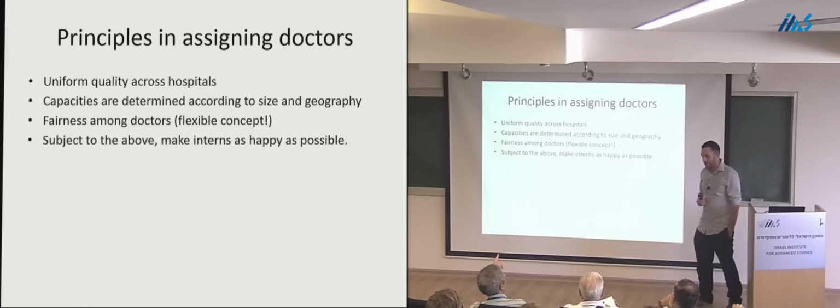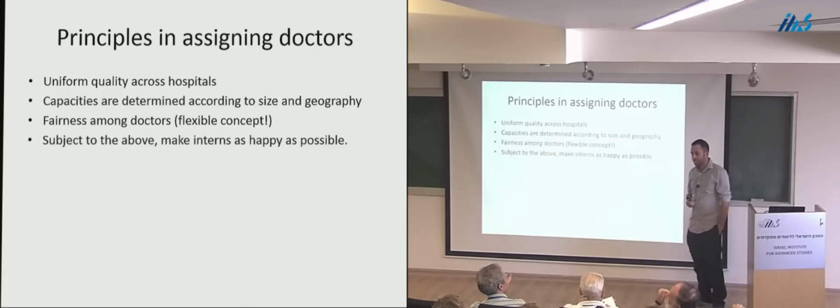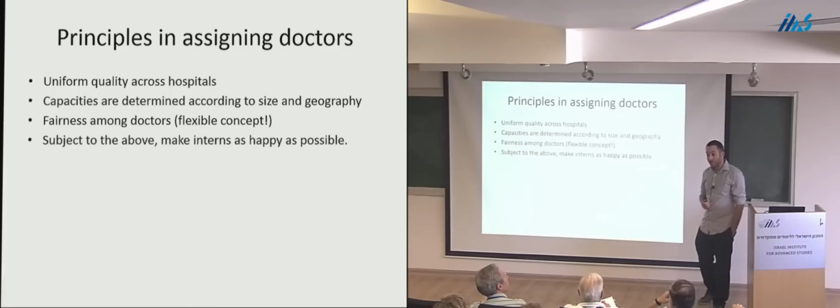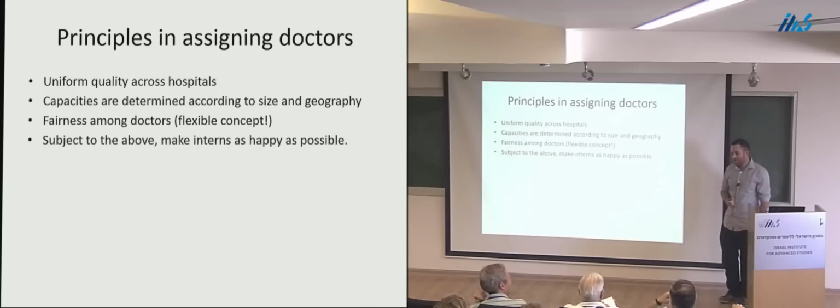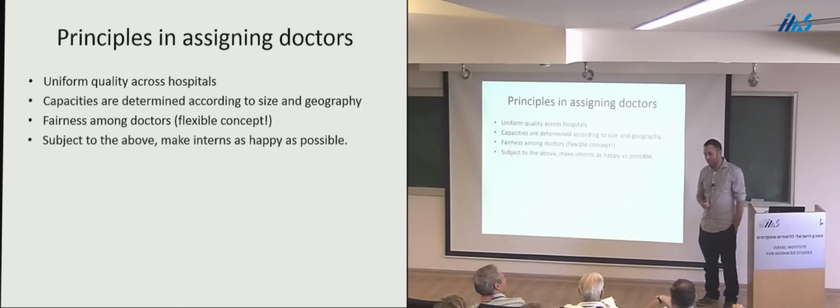Just wanted to ask about the uniform quality. Yes. If you believe in efficiency, there might be some argument for positive absorptive action. So we don't believe in efficiency in that sense. We believe that even the distant cities should have good doctors.